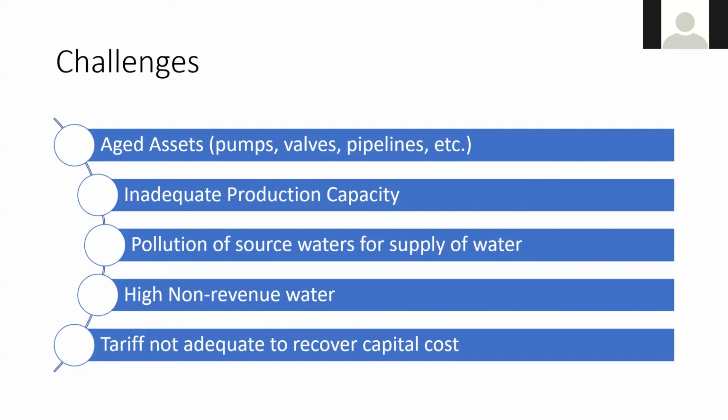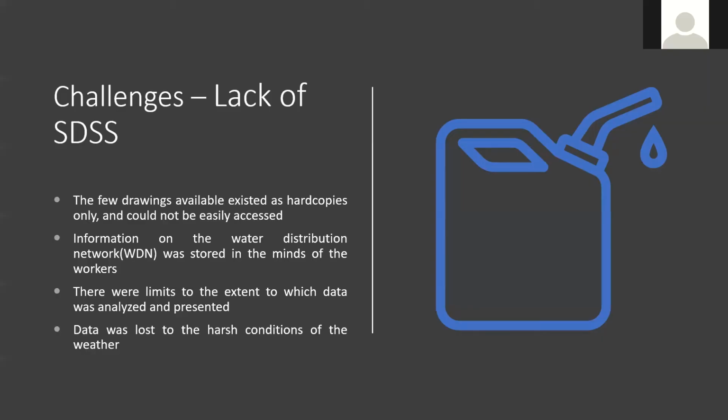However, when it comes to the issue of the GIS, we can talk about how we use GIS, especially to help in reducing the high non-revenue water, and probably also for monitoring our assets, which gives us an idea of assets that require replacement, as you may know.